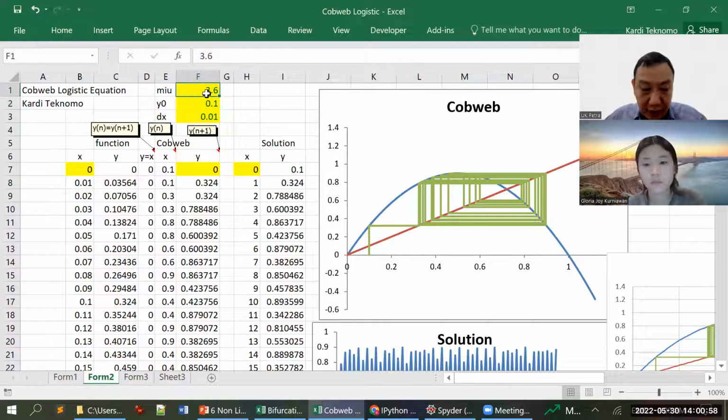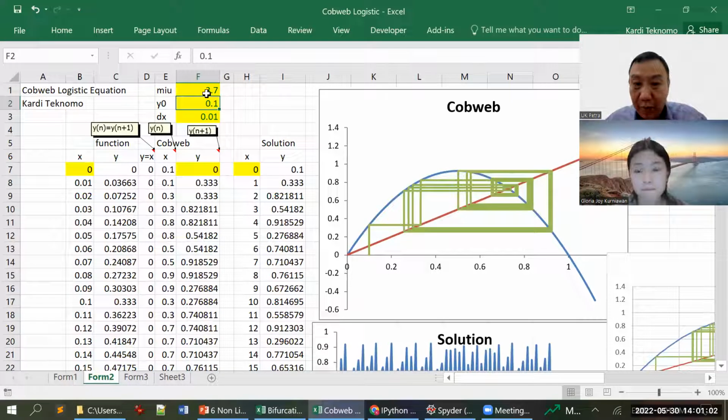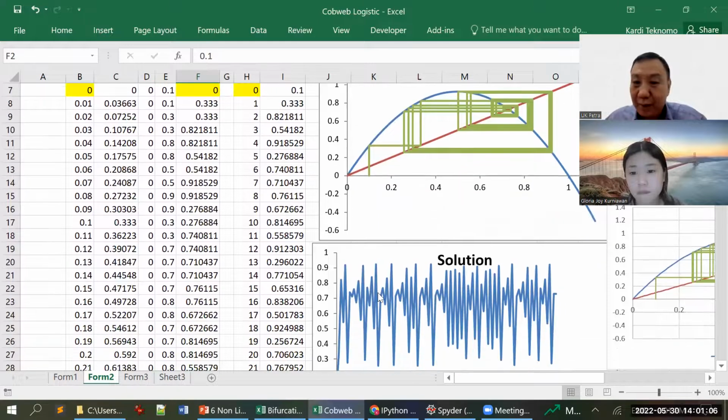And if we increase, say, 3.7, wow, the number of cycles now looks like what is that, the heart already, right? So there are certain cycles that repeat so many times.